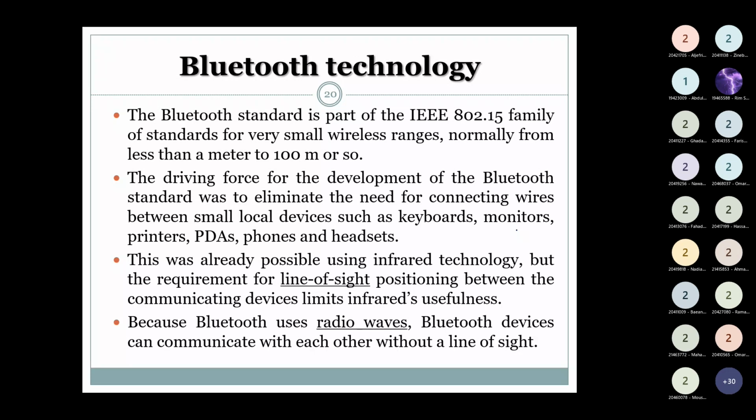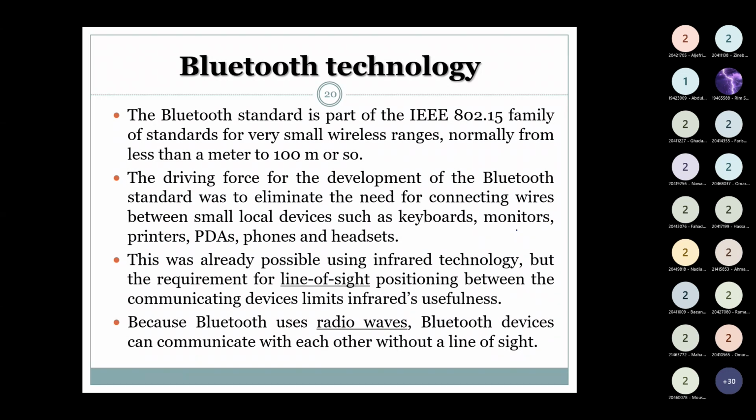But in the infrastructure mode, you will have an access point that is connected to a wired network, and from this wired network you will have many participants that can benefit from this one connection.